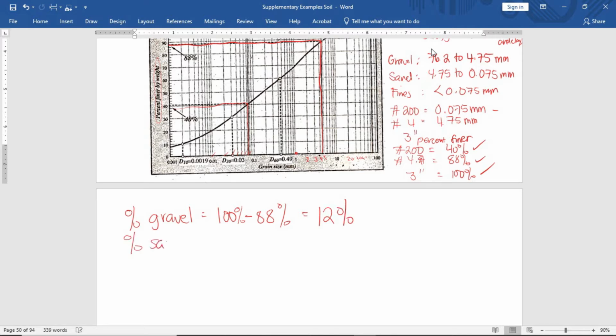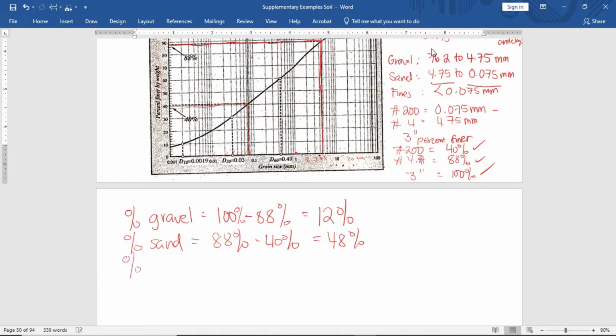Percentage ng sand natin is 88% minus ilan? Minus 40. So, ang sagot natin is 48%. Kasi ang range ng sand natin is from 4.75 to 0.075 mm.